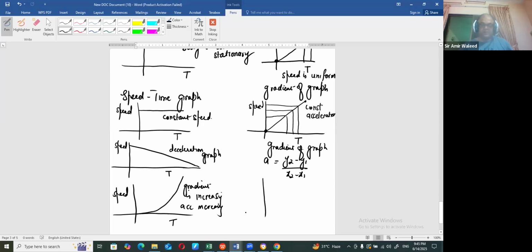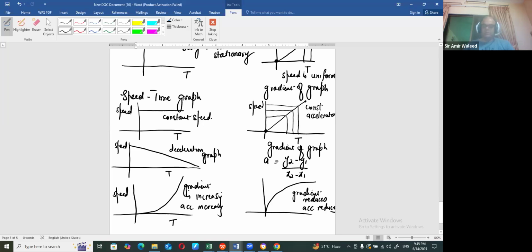And if the graph is like this, one graph is this and one graph is that, it means the gradient reduces, which means acceleration reduces. So these are the types of graphs we have, okay?